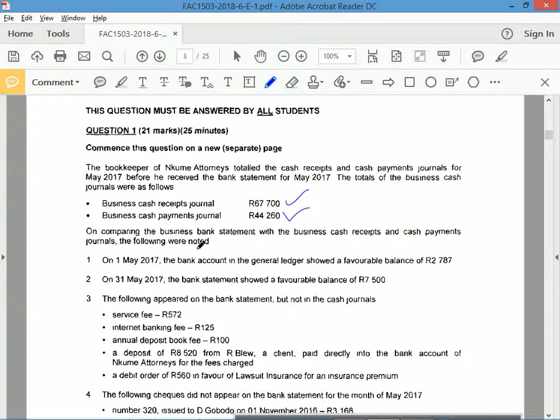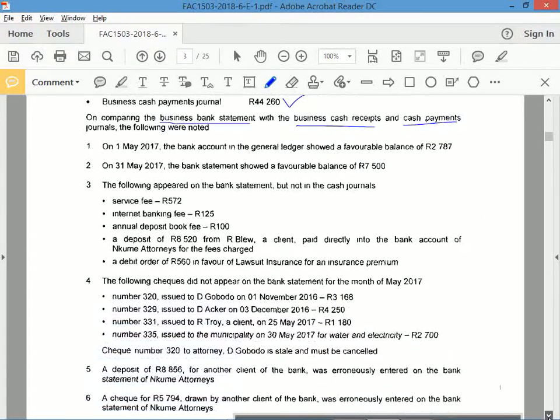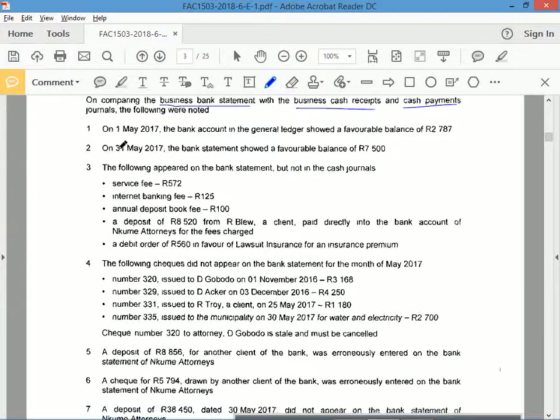On comparing the business bank statement with the business cash receipts and cash payments, the following were noted. So these are discrepancies that were raised by the accountant or the bookkeeper. Number 1, on 1st May, the bank account in the general ledger showed a favorable bank balance. Easy mark. All of you should know that a favorable bank balance represents an asset, right? Bank is an asset.